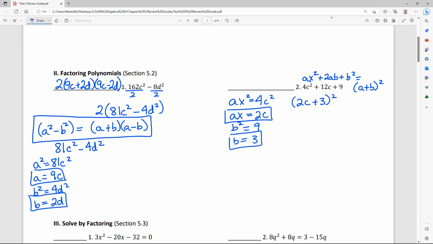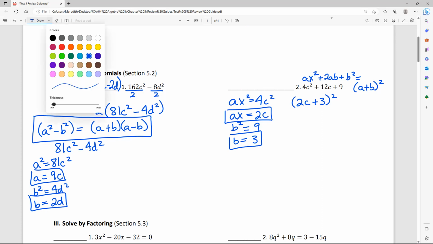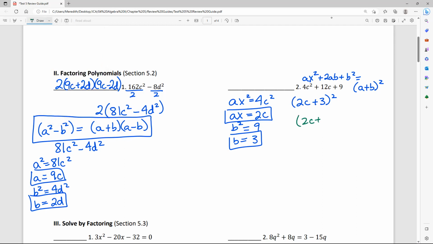All right, so let's check that and make sure that it works. So 2c plus 3 times 2c plus 3. I know that 2c times 2c is 4c squared, and then plus 6c plus 6c plus 9.